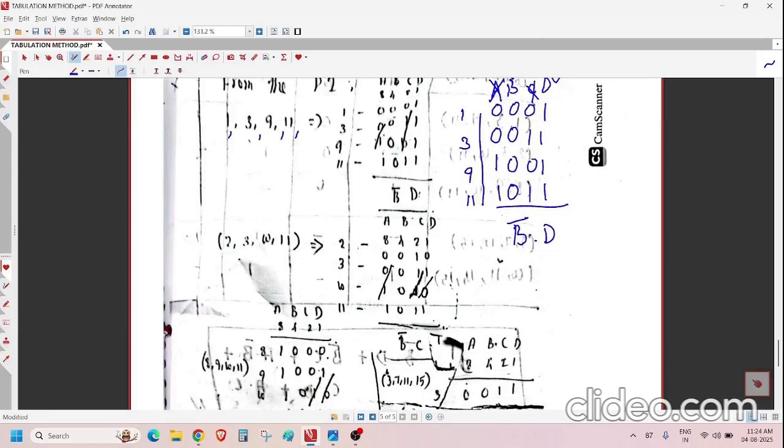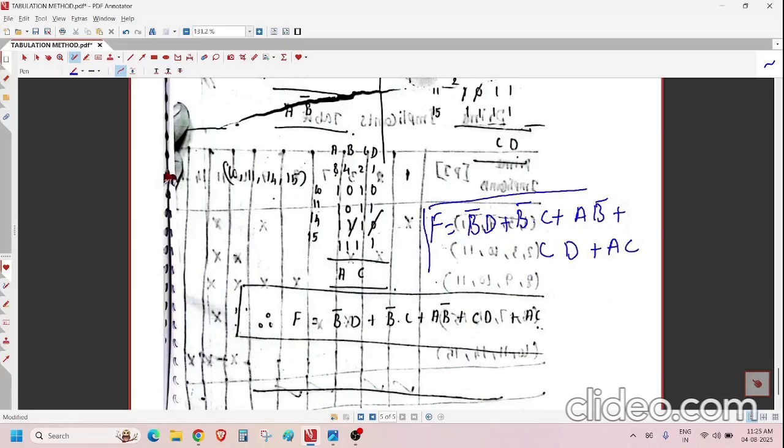Likewise, you have to do it for all the combinations. If you do it for all the combinations, then the final result will be F is equal to B bar D plus B bar C plus A B bar plus CD plus AC.